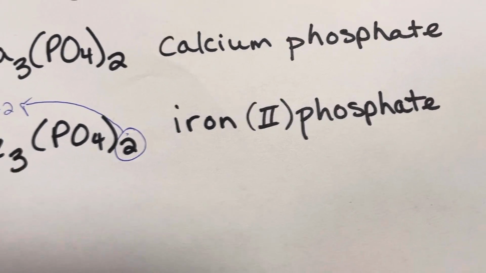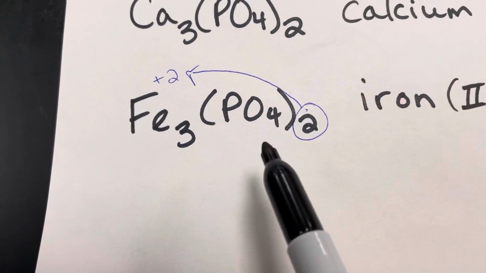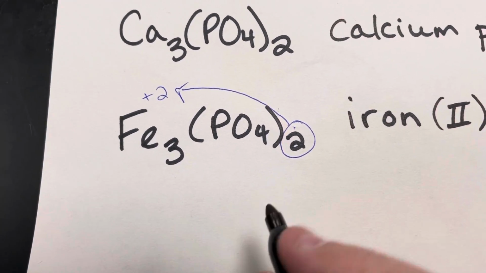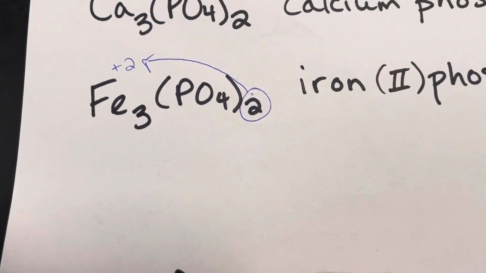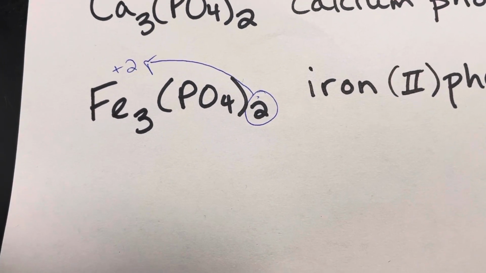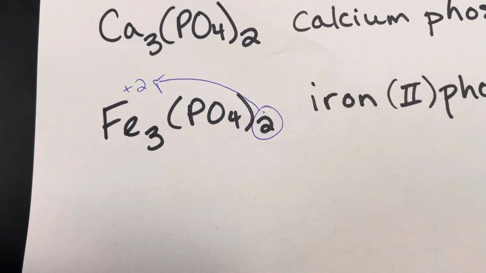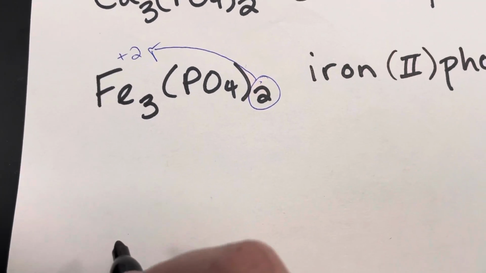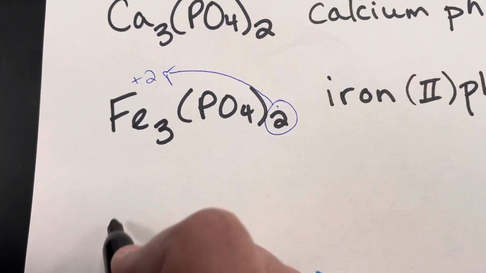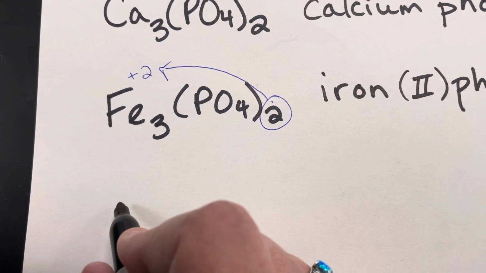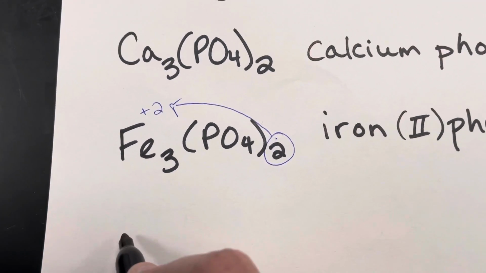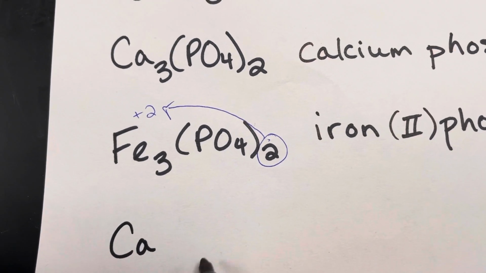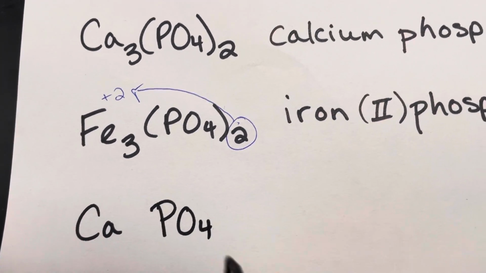Okay. Now you might be wondering, okay, why are there parentheses? This is something more that I'm going to teach you when I talk to you about how to do these formulas, but just so you're kind of aware today, let's go back and use the calcium and the phosphate.